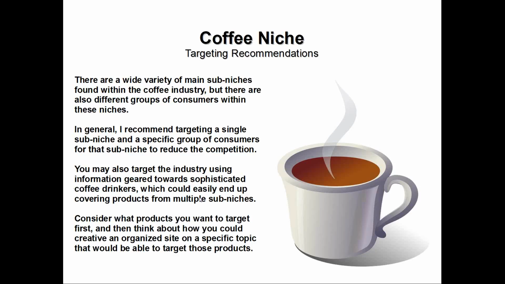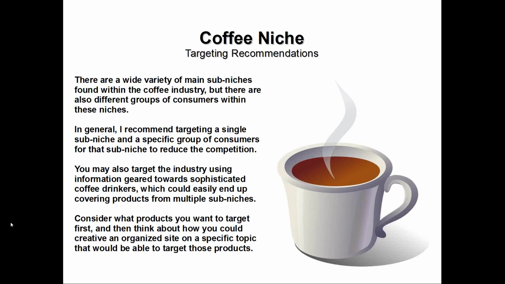Your topic wouldn't be those multiple sub-niches that you are covering in that situation. So no matter how you go about targeting it, you should still have something that is highly focused about your site if you want to have a decent shot at getting search rankings for it.